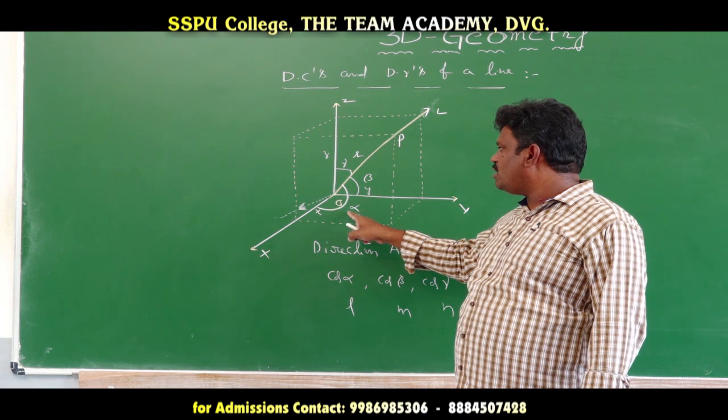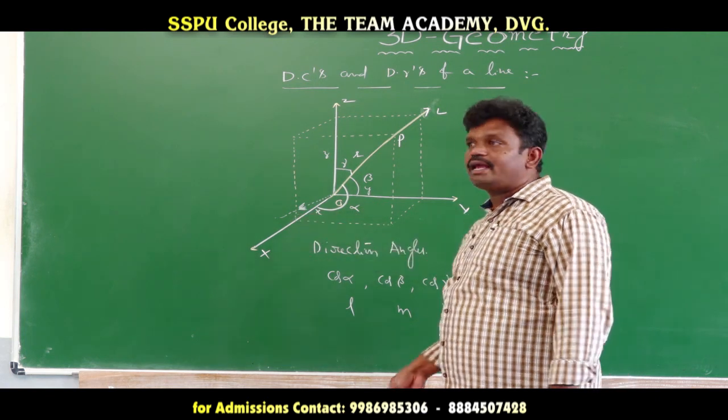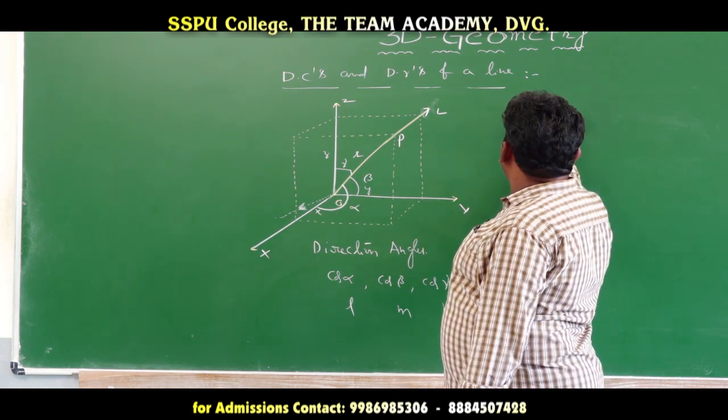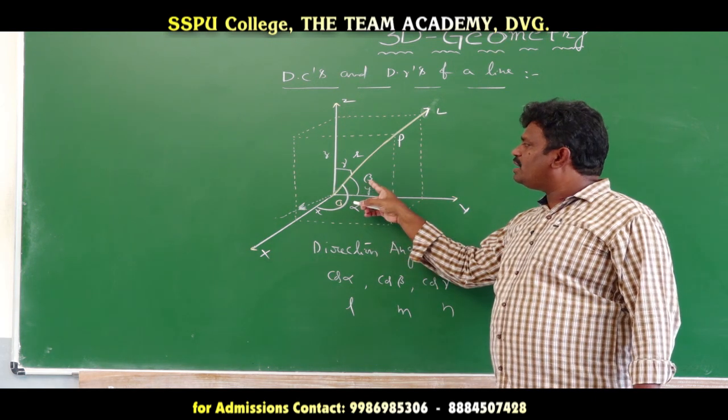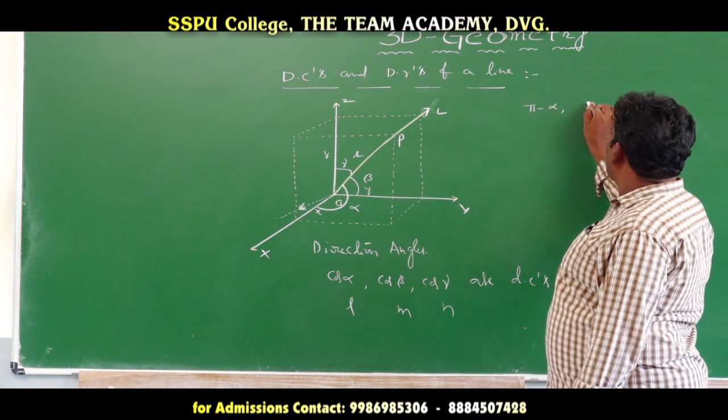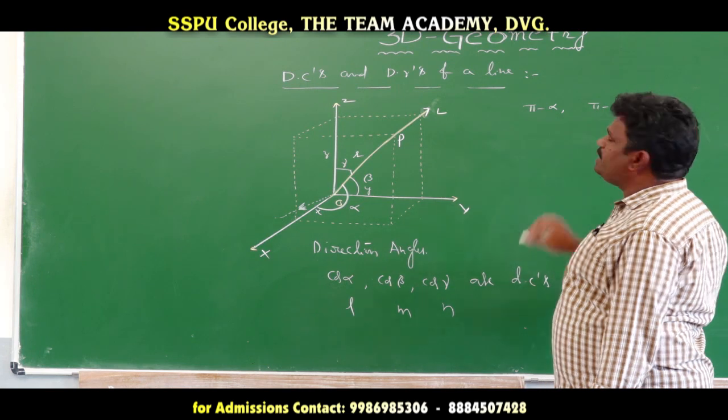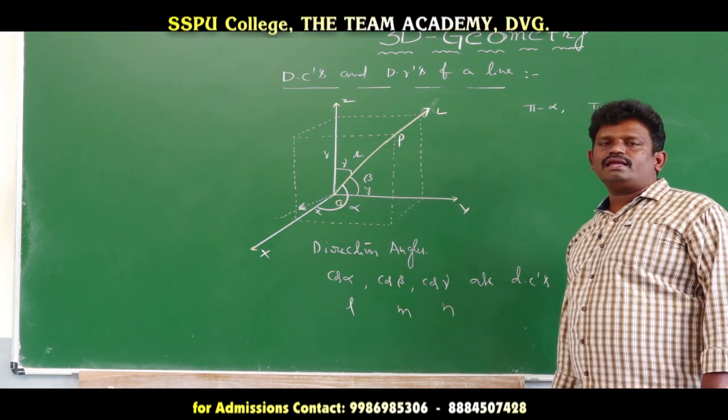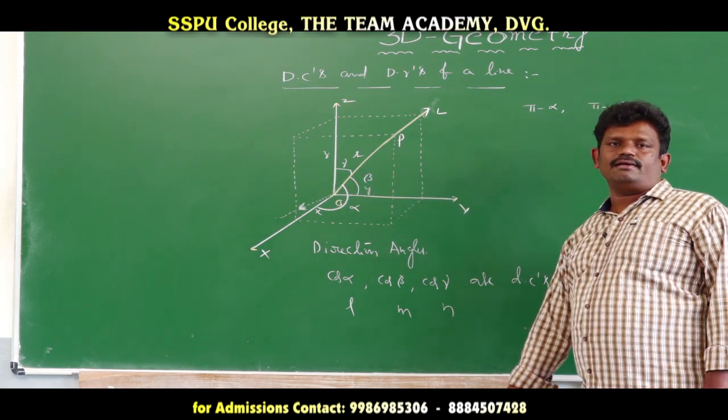Here the direction angle alpha becomes pi minus alpha, beta becomes pi minus beta, and again here the direction angle gamma.